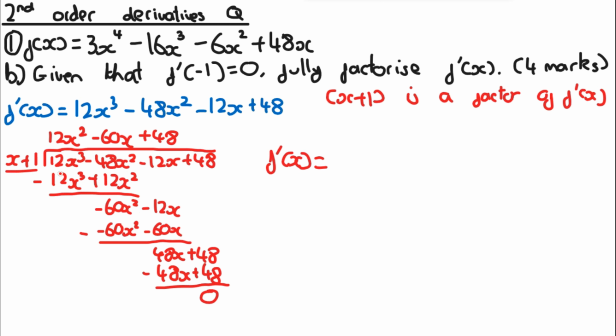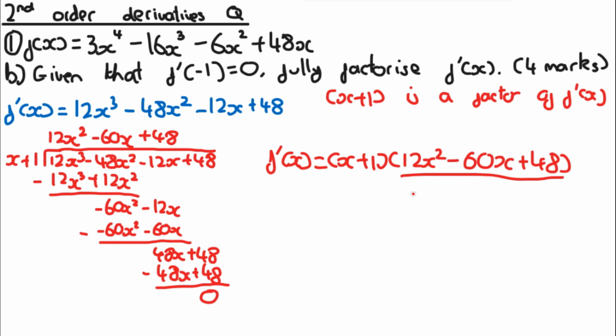So therefore we can write f dash of x as the bracket x plus 1, and then the quadratic 12x squared minus 60x plus 48. And then we can factorise this quadratic. Firstly, I'm going to take out 12 because all of these terms are divisible by 12.